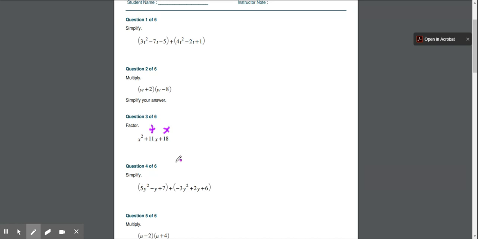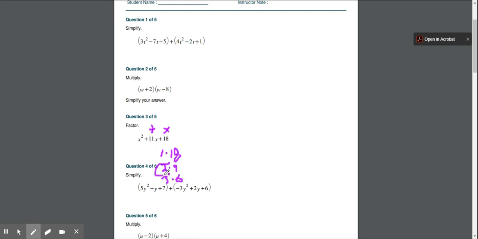Numbers that multiply to make 18 are 1 times 18, 2 times 9, 3 times 6. Then we look at the ones that add to make 11. That would be 2 and 9.